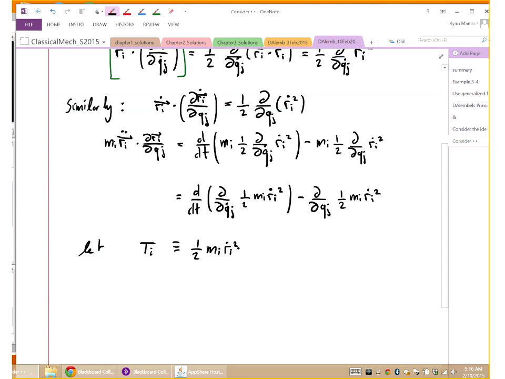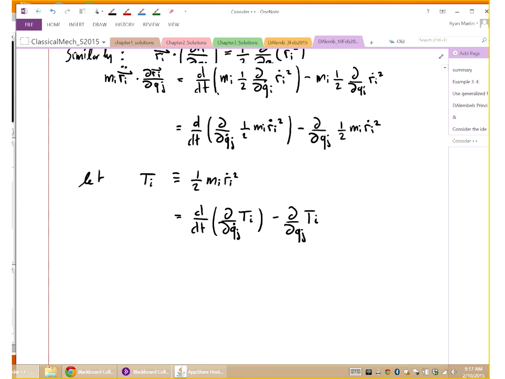So that Ti appears in both terms, right? They both have a half mi ri dot squared. So that means that our original thing is d by dt di by qj dot of Ti minus di by qj of Ti.